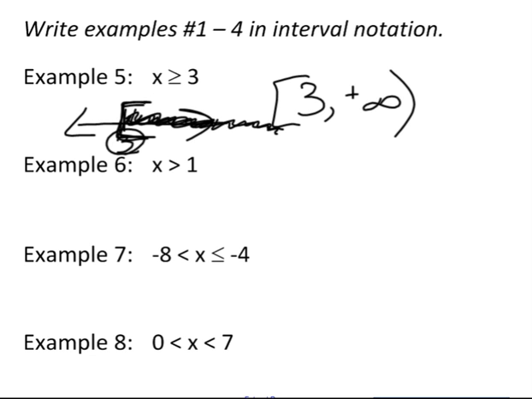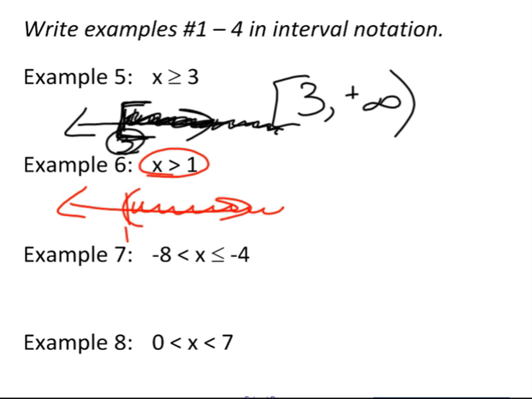So let's take a look at example 6, which we've already graphed. So we had x is greater than 1, although I think I might have changed this in your notes. I apologize if I have a typo in the notes. So we're going to do the way I have it on the board. X is greater than 1. Greater than 1 is going to the right.